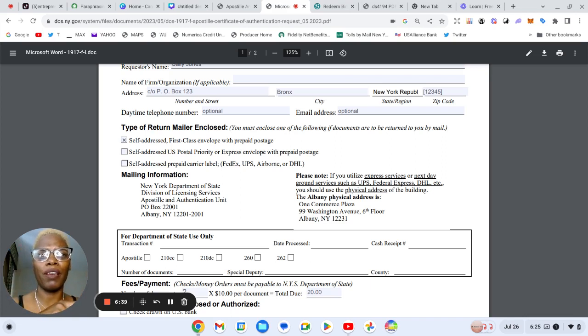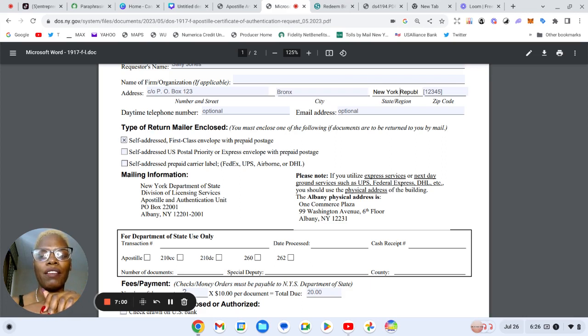I did priority mail. No, I did express mail. Either way, you literally have to put in a self-addressed envelope for your authenticated document or your birth certificate to be sent back to you.